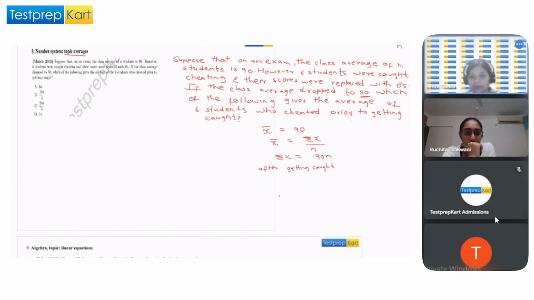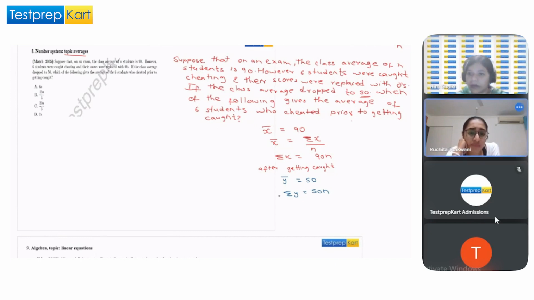So let's take that y bar, that is 50. So summation y is 50n, because the students are still there. Only their scores are replaced by 0. Now the total score is 50n.